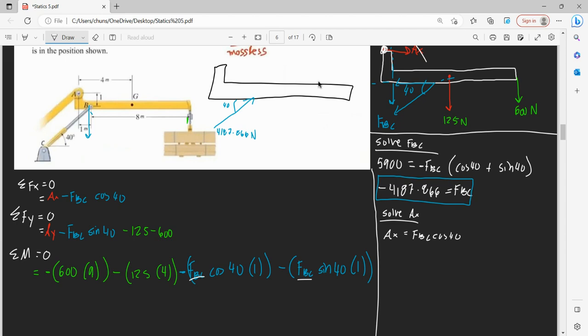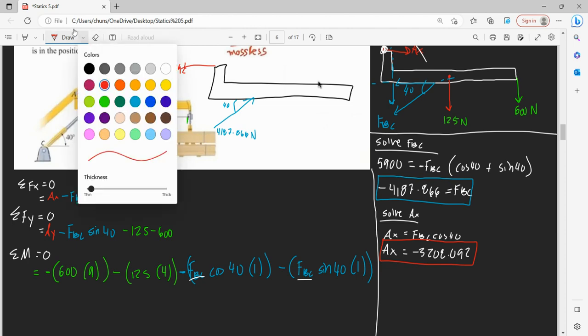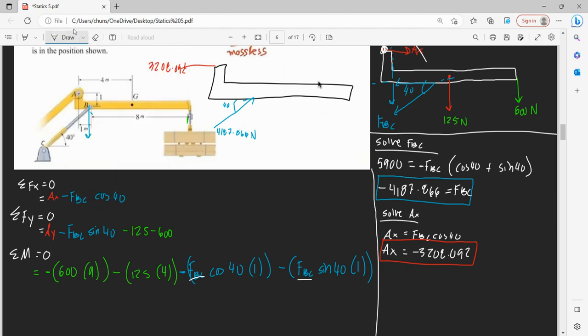And this is going to give us AX is equal to negative 3208.092. Right, and this is negative, so we need to put it into the opposite direction. So this has to go in our negative x direction now. Okay, so there is our AX, and now we can solve AY.